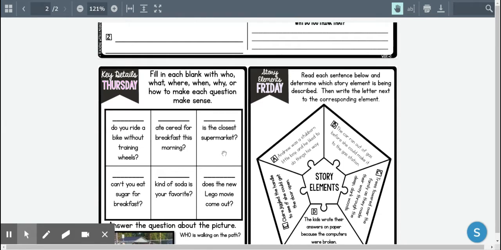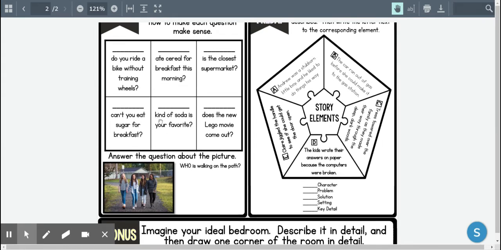For Thursday, we're looking at key details. The directions say to fill in the blank with the words who, what, where, when, why, or how to make each question make sense. There's one that really you could have more than one answer, but for the most part, there's a best word that goes with each one. Make sure you reread the sentence, the question, to make sure it makes sense.